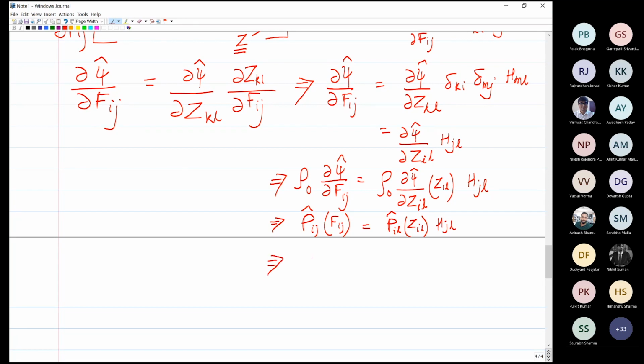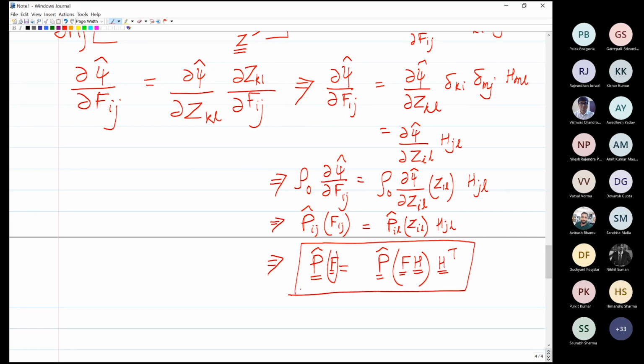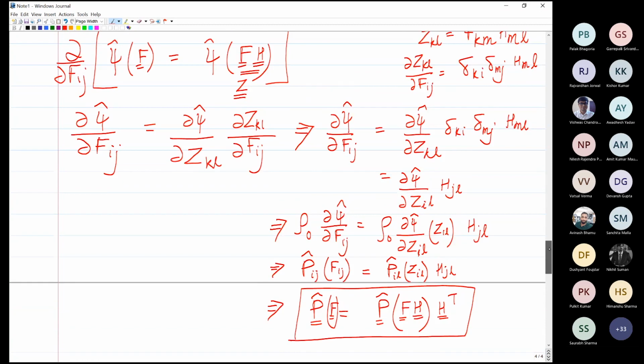And if you go back to tensor notation, it gives you P hat at F is equal to P hat at Fh into H transpose, isn't it? Okay, so having derived this, let us try to find out how sigma will then be related.